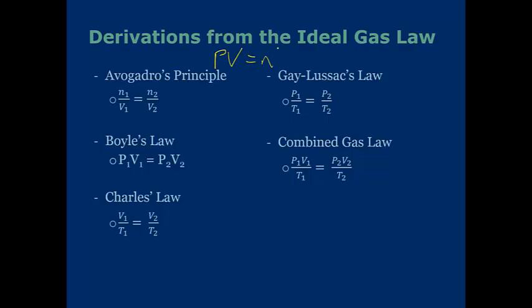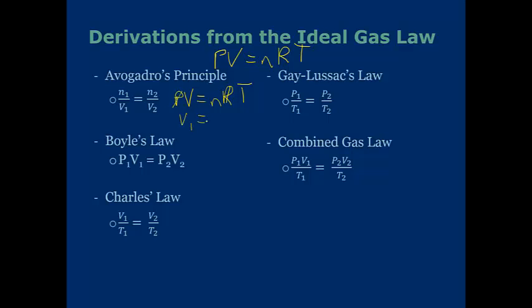PV equals nRT. For this situation, pressure and temperature are all going to be the same. Now, if we were to look at number of moles, we could run this derivation like so. So R is a constant, and P is constant as well. So we would ignore these.